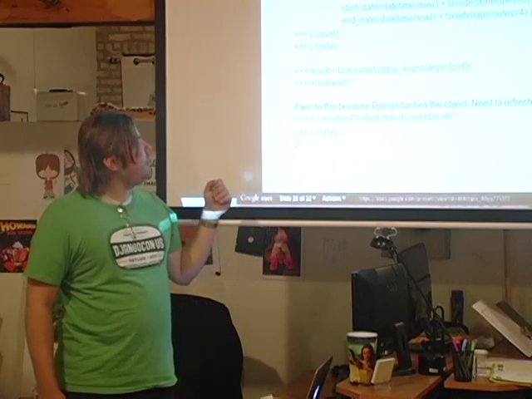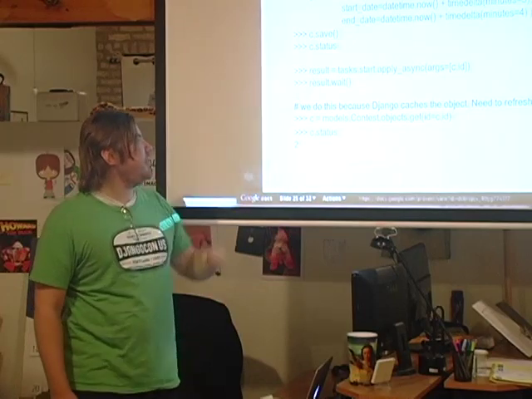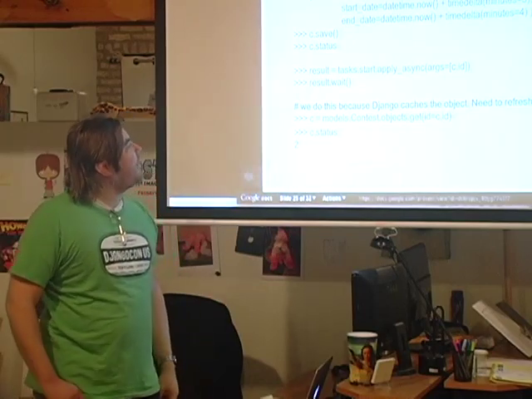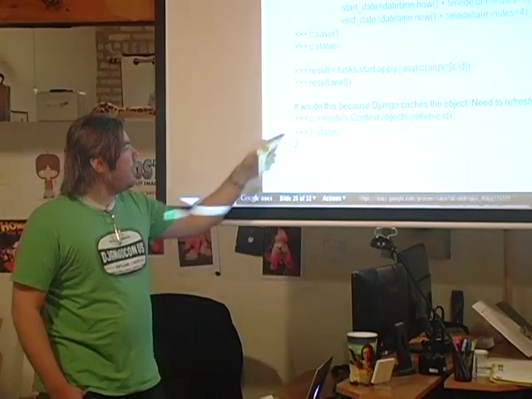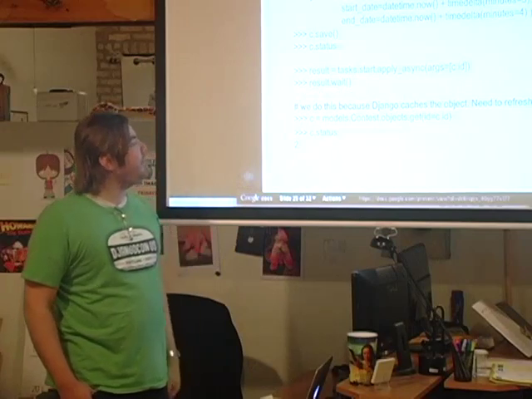I think there should be a 0 here, but it's not. Then here I'm running the task, and I'm passing in the contest ID, which was the parameter for the contest task. And here I was just waiting. I don't know why I did that.